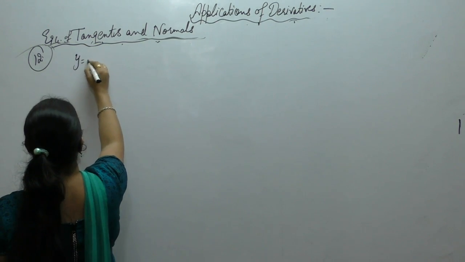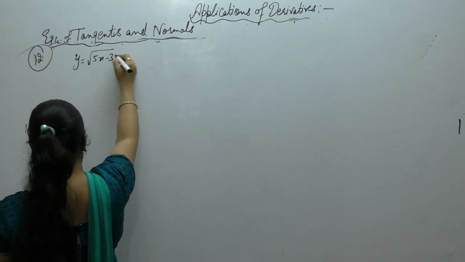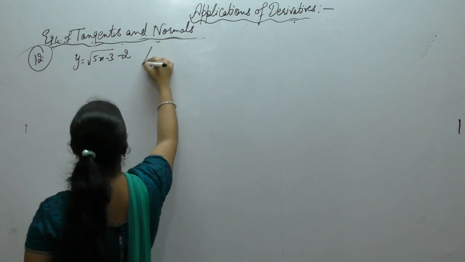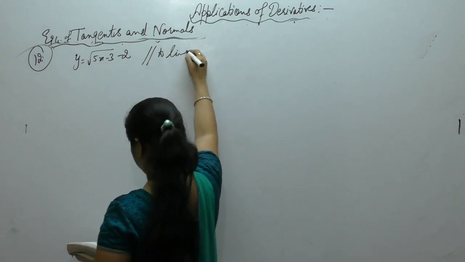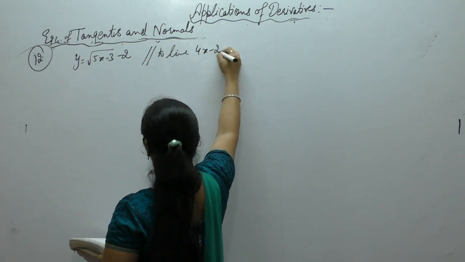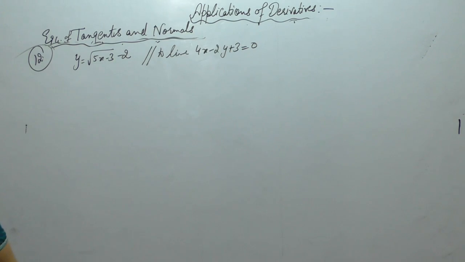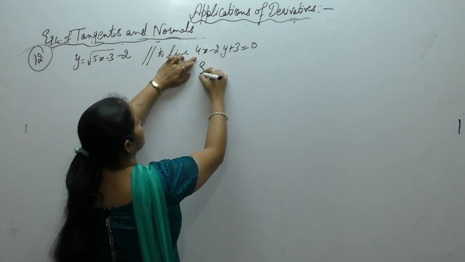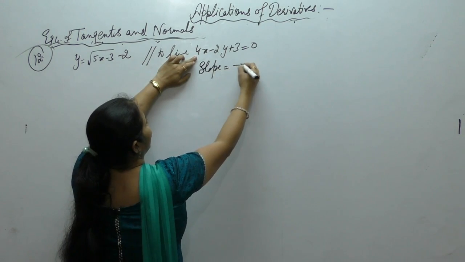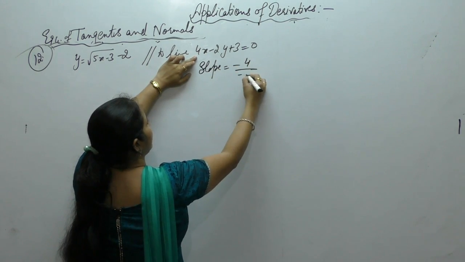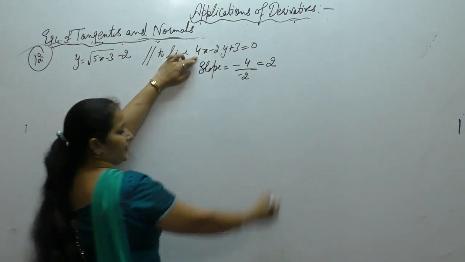Find the equation of tangent to the curve y = √(5x − 3), which is parallel to the line 4x − 2y + 3 = 0. Clear? Now we want to find the slope of this line: minus coefficient of x upon coefficient of y.